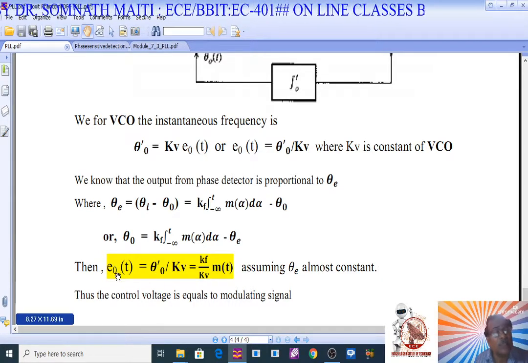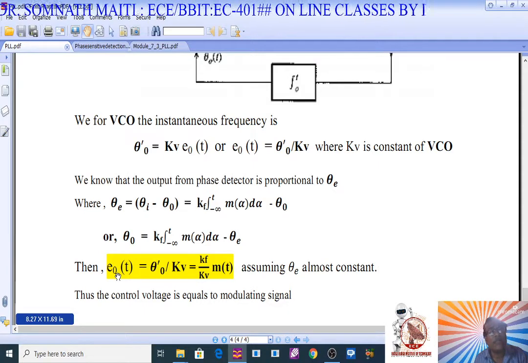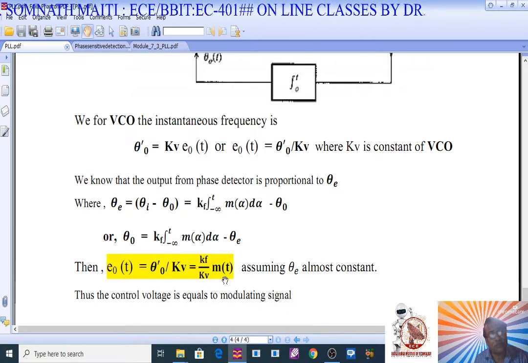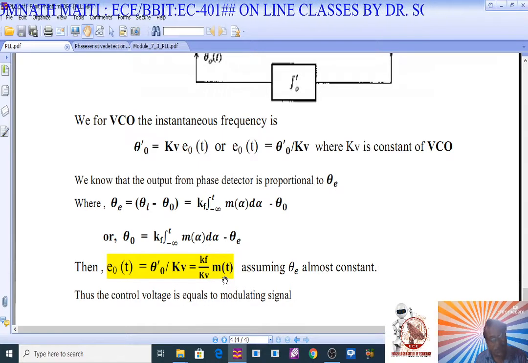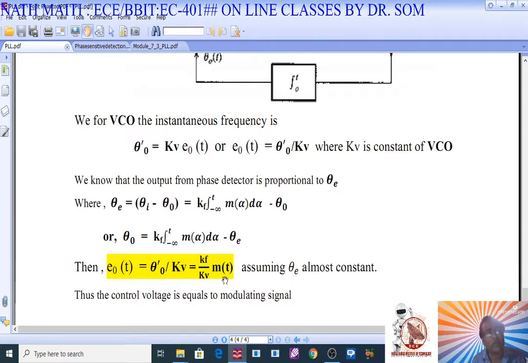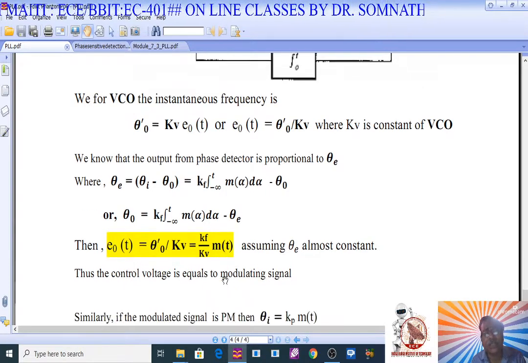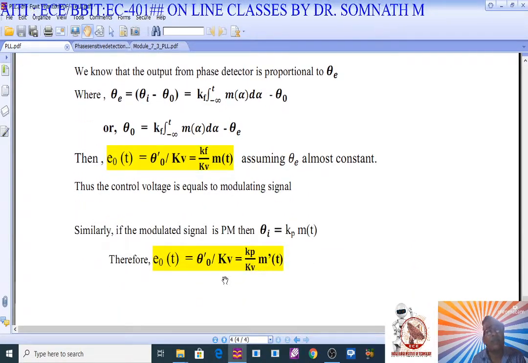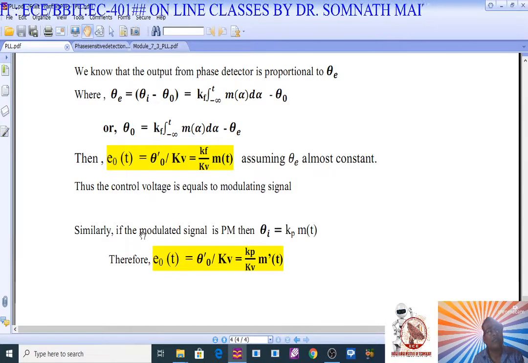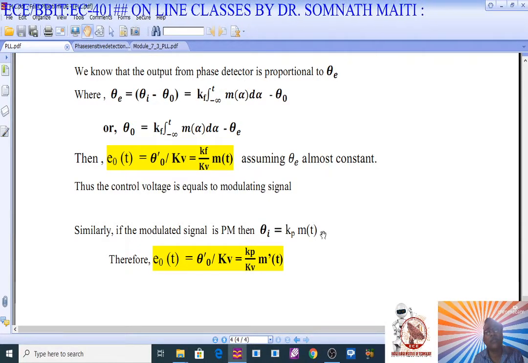The control signal to the VCO is proportional to m t, so m t, the control signal to the VCO, is nothing but the demodulated FM. This is how FM is demodulated.